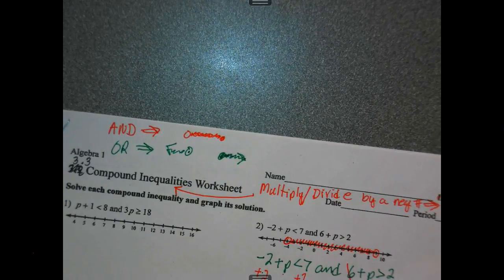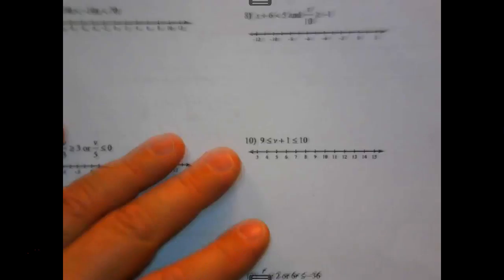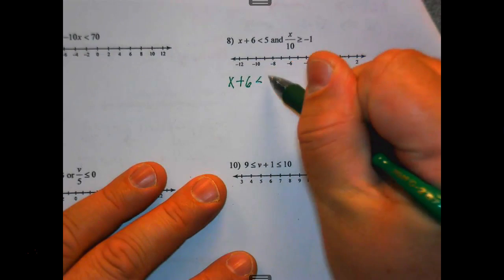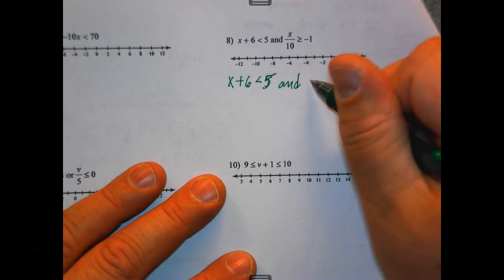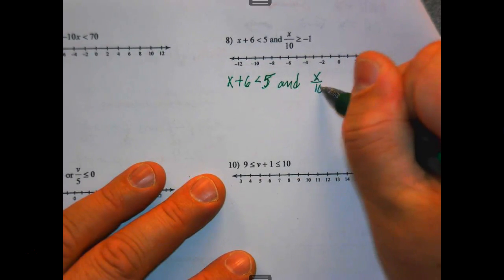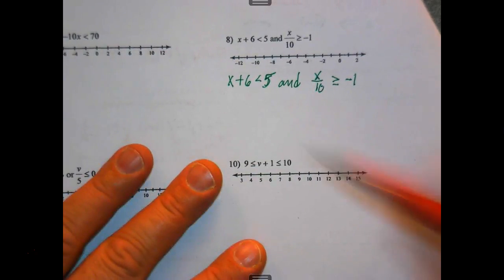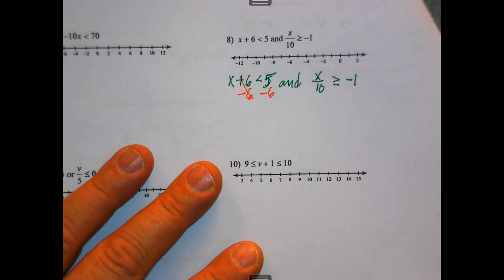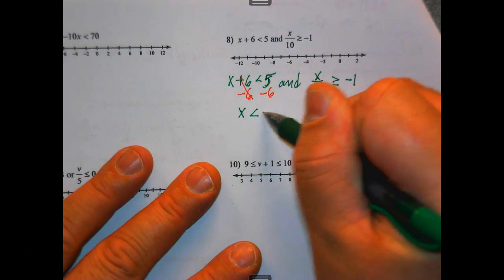Okay, number 8. The first one I'm going to subtract 6. X is less than -1.